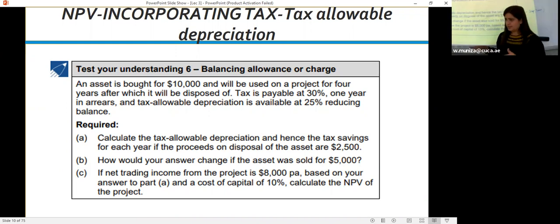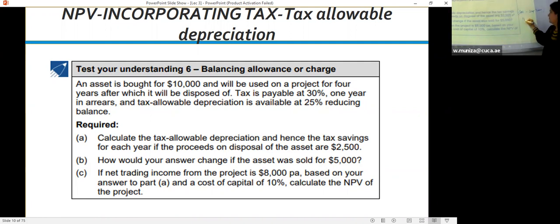This is related to taxation. Taxation authorities also tell us the same thing, that in the year of disposal we are going to calculate the balancing allowance or the balancing charge. So my dear students, this is a balancing allowance. Please recheck whether it is equal to this one or not.